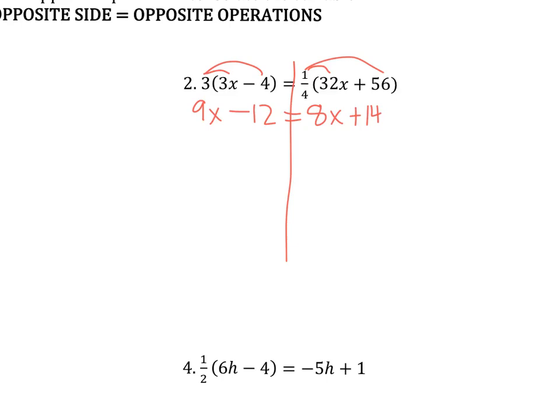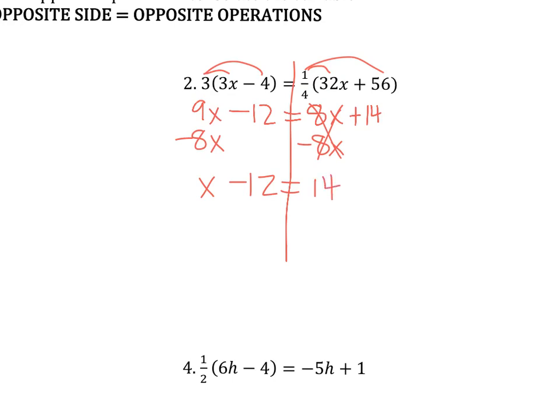So I would be looking to take this 8x over to the opposite side. So to get rid of an 8x, I would have to subtract 8x because that's my opposite operation. So minus 8x minus 8x. So 9x minus 8x is a single x. I'll just bring the negative 12 down and deal with it in a second. These are gone, which is what I wanted, and I'm left with a regular 14.